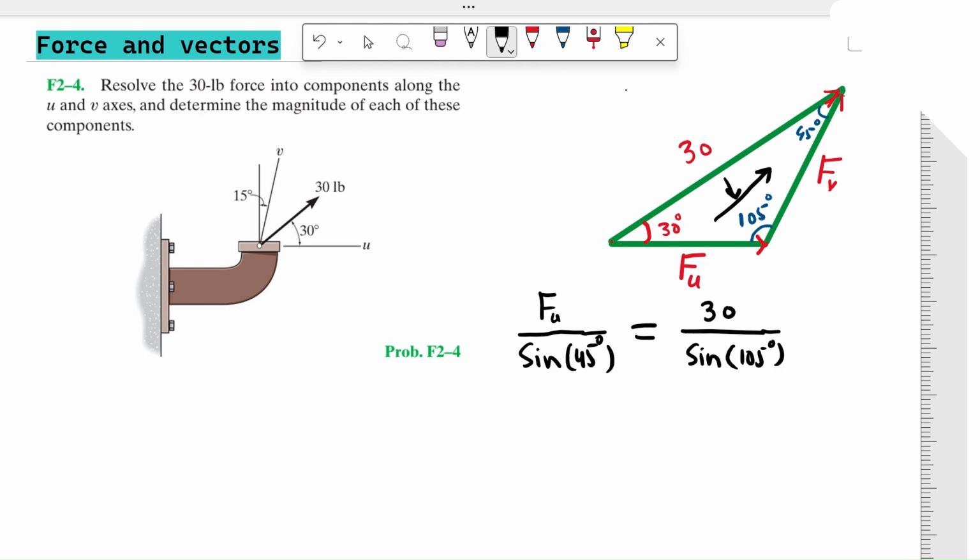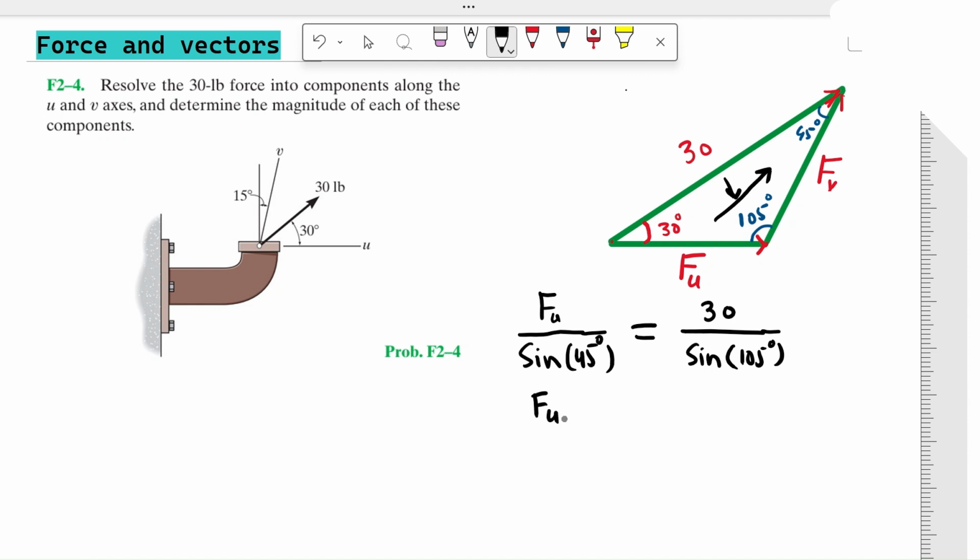So I will just give a gist: force divided by the sine of the opposite of that angle equals another force divided by the sine of their opposite angle. So it is the sine law, the mathematical form of sine law, and I just used it in mathematics. So I will directly find the value of Fu.